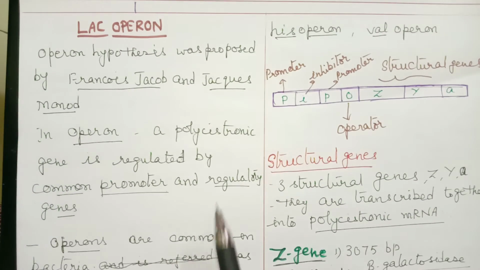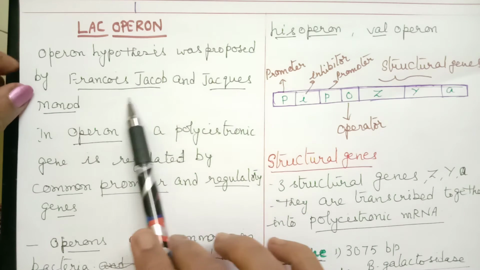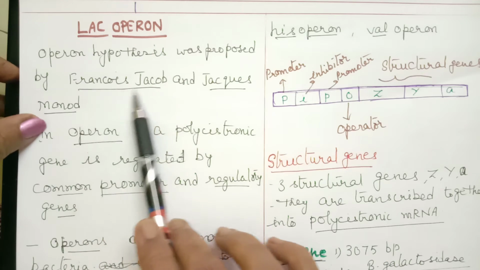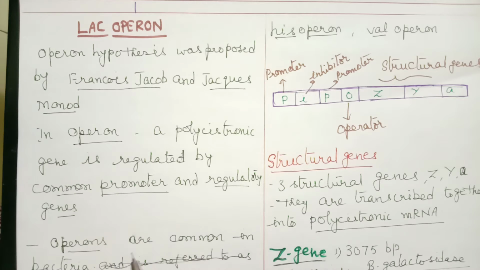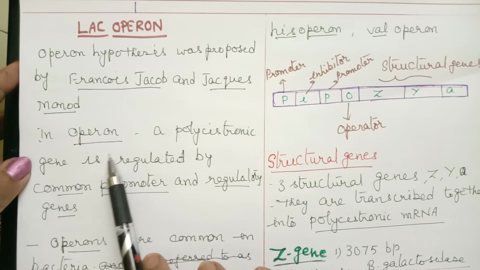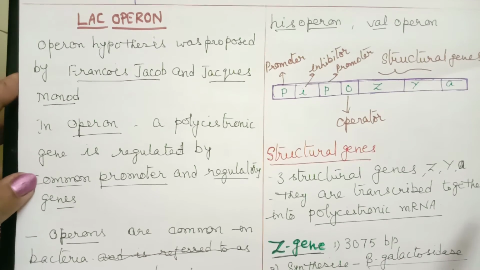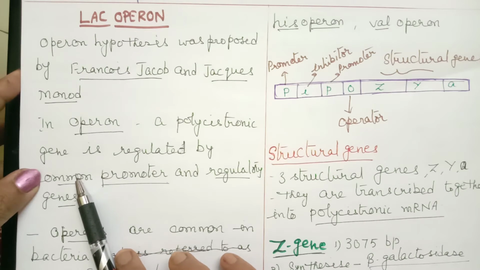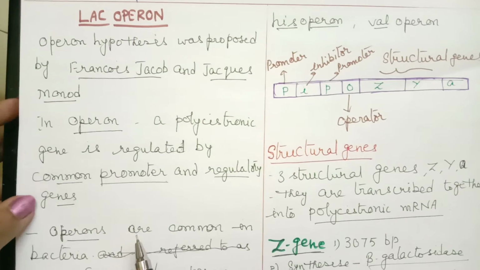First of all, the operon. The operon hypothesis was proposed by two scientists, Francois Jacob and Jacques Monod. An operon is a cluster of genes. It is a polycistronic gene which is regulated by a common promoter and regulatory gene.